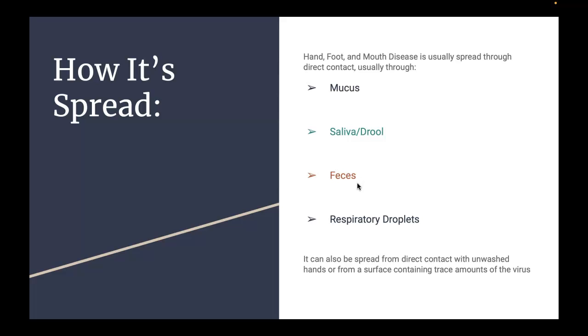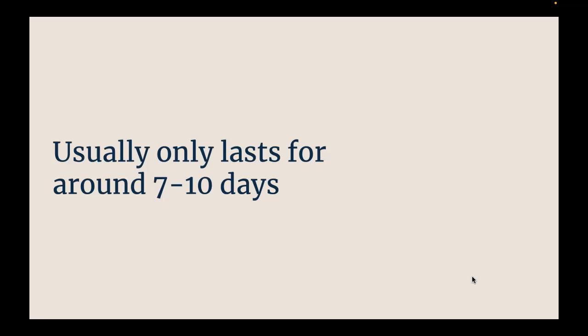It can also be spread from direct contact with an unwashed hand or from a surface containing trace amounts of the virus. So again, back to the daycare thing, you got toys, tables, crayons, other kids. It's very easily spread, especially through those children under the age of 5.